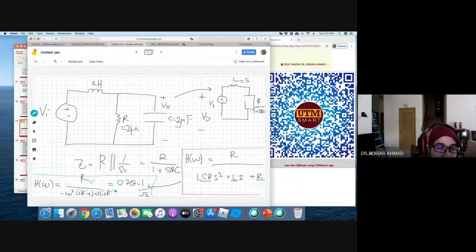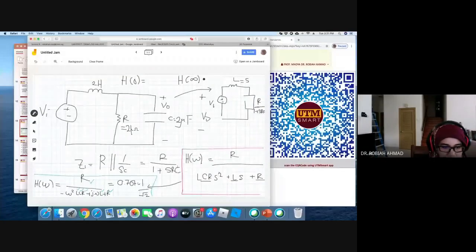So go back here. What happened when our omega equal to 0? Is the value 1 or infinity? And what happened when our omega equal to infinity? Based on this equation, class.